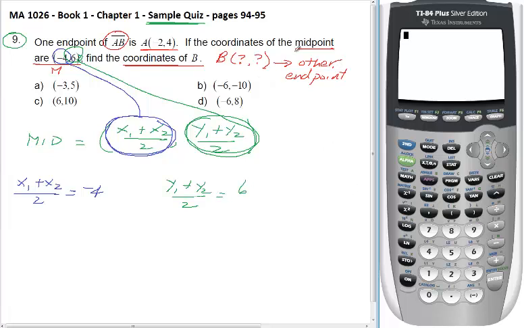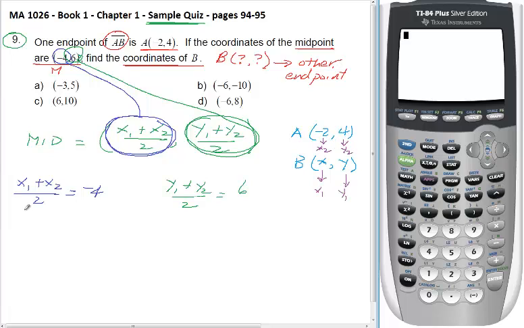Now, how does that help us solve? Well, just plug it in and cross multiply. We have A, which is (-2, 4), and B, which we don't know, so I'll call it (x, y). I'll call A's coordinates x1 and y1, which means the unknown is x2 and y2.